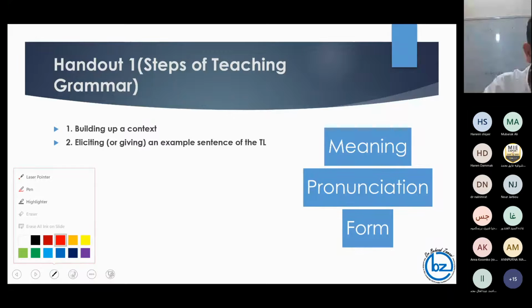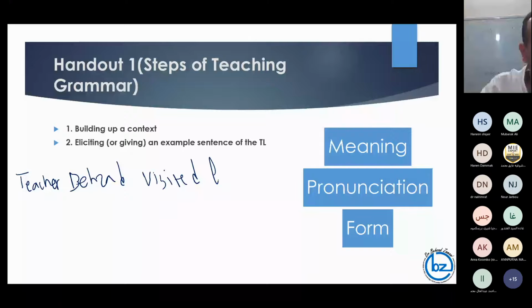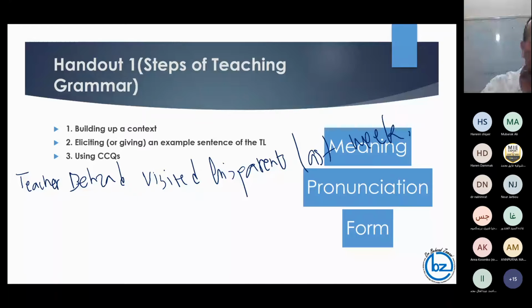We say that teacher Behzad visited his parents last week. That's simple. And you want to ask some CCQs, or concept checking questions.